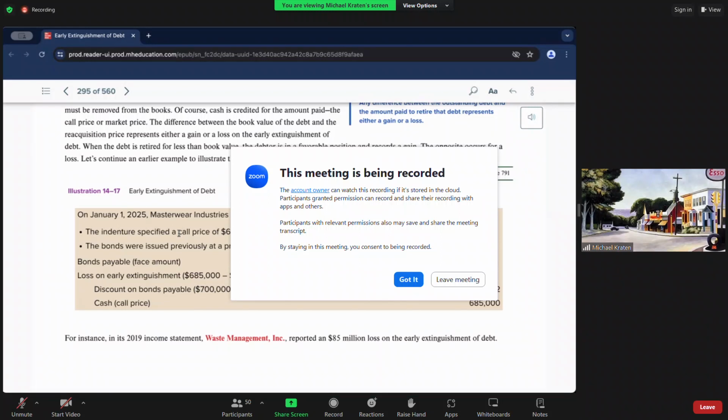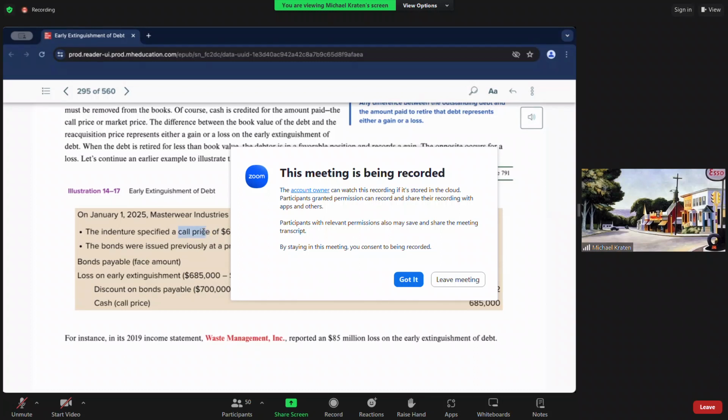But under certain circumstances, the lender might say, I want the right to force you, the borrower, to repay the debt. And if there is a call price provision, meaning a contractual term that allows the lender to require immediate repayment, then the borrower has no choice but to repay.